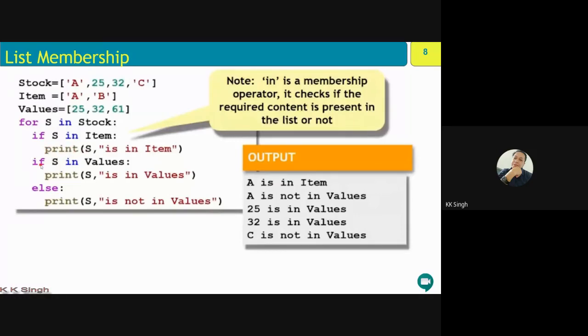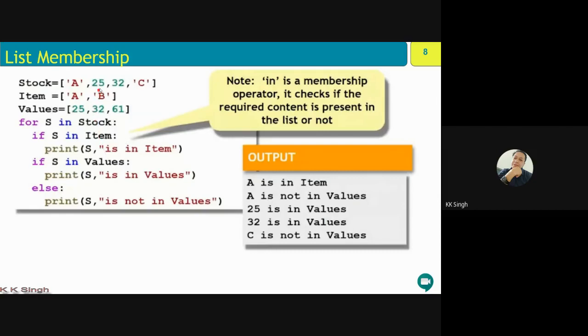And when you check whether 25 is available in values, yes, it is available very well. So it will print 25 is in values, because the condition was false for item, that is why it was not printed. But the value 25 is available in the values list, so it will show 25 is in values.